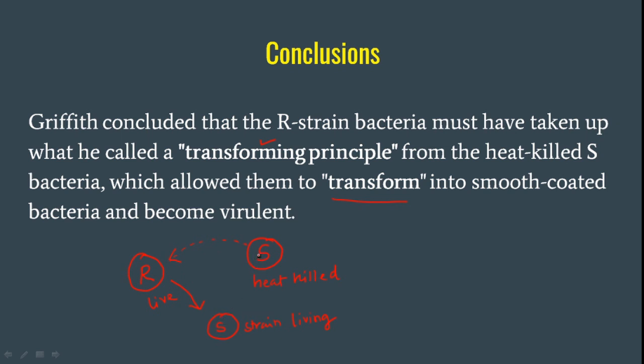So something must have transformed the R strain into living S strain, and that something must have come from this heat-killed S strain. Now this was the conclusion of Griffith, and he said that the transforming principle has the capability to transform one strain of bacteria into the other.